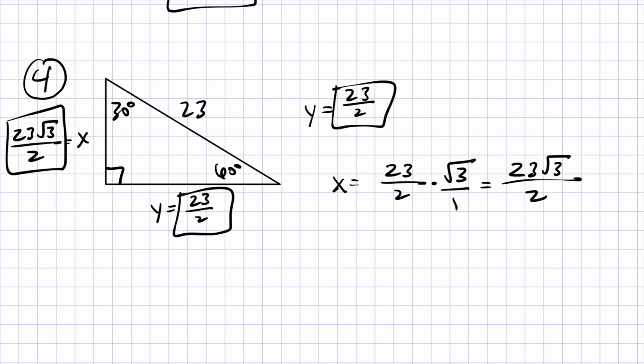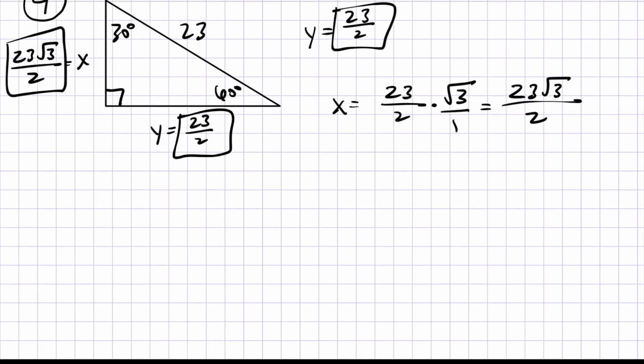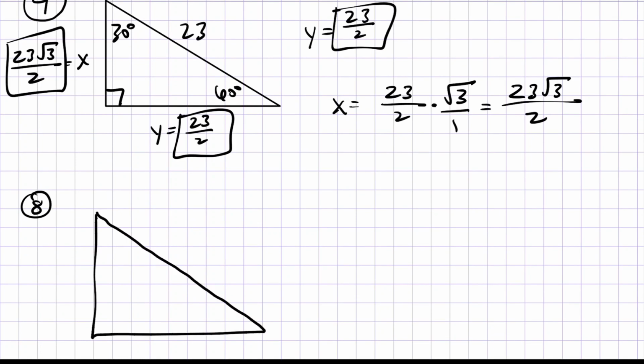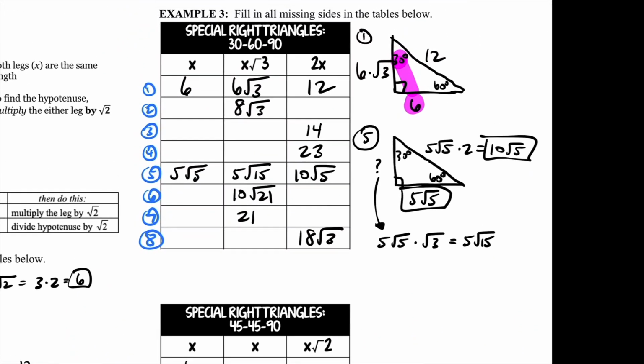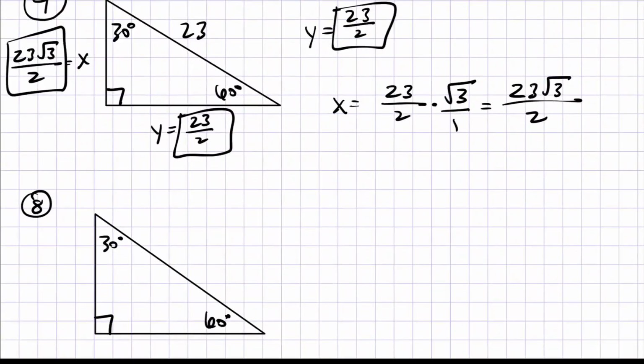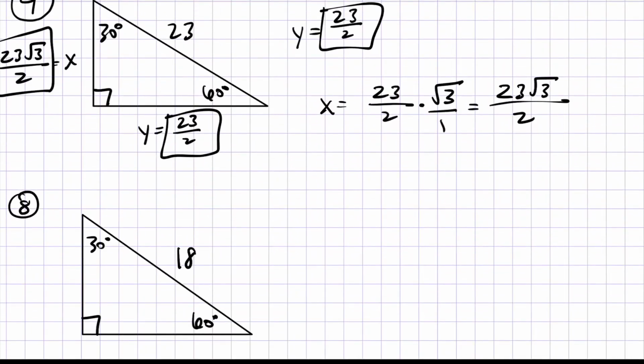And then the last one, number 8. Number 8 was also a question. So 30, 60, 90. On number 8, they give me the hypotenuse, and it's 18 root 3. I got to find the long side and the short side.